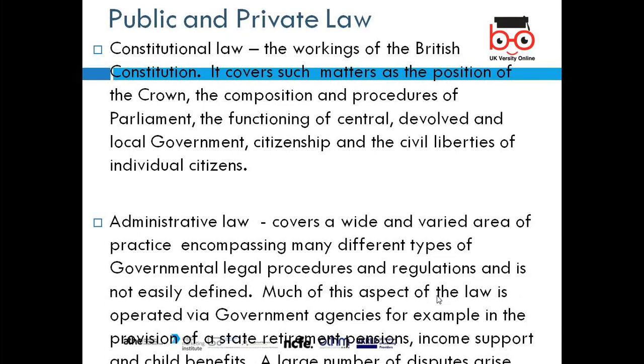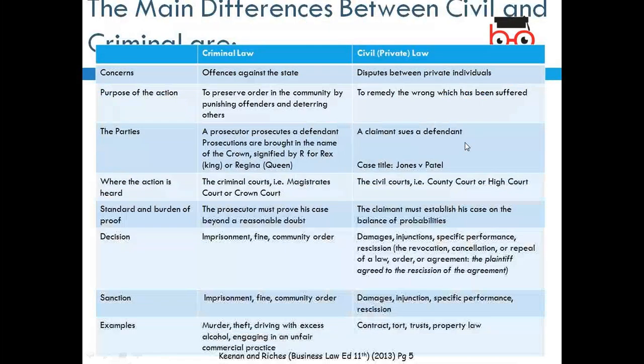Administrative law covers a wide variety of areas of practice, with many different types of government legal procedures. That comes under administrative law. Any question? Okay, that's all been explained.